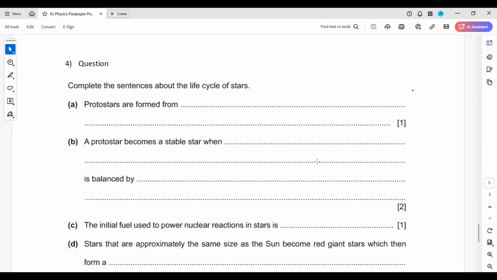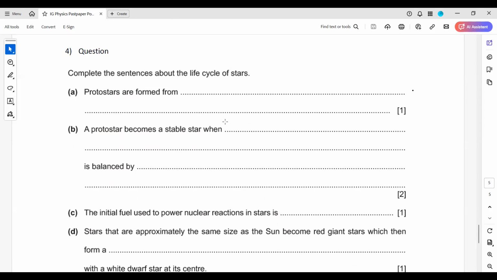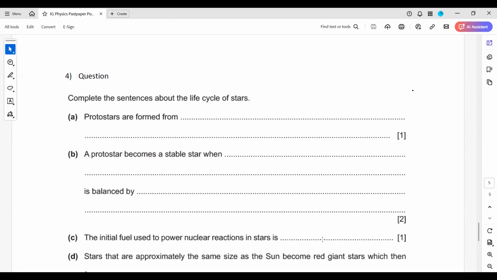Complete the sentences about the life cycle of a star. Protostars are formed from molecular clouds, or interstellar cloud.